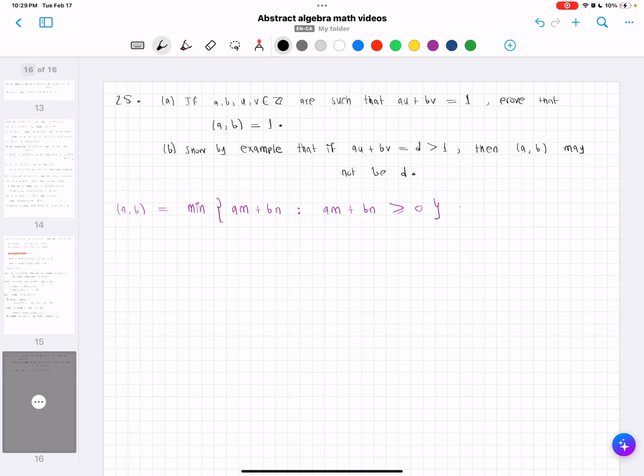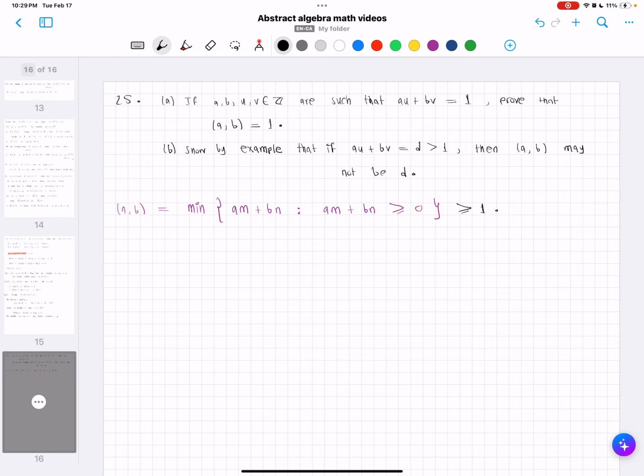So that's bigger than or equal to 1. So if you have one of the representations giving 1, then it must be 1.